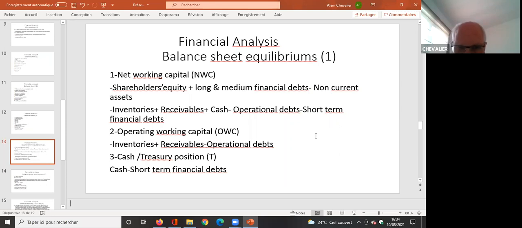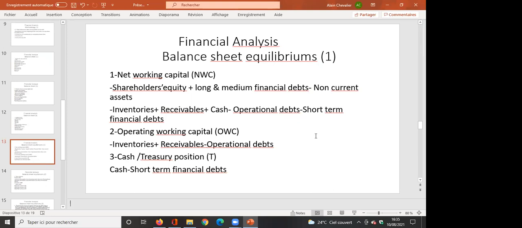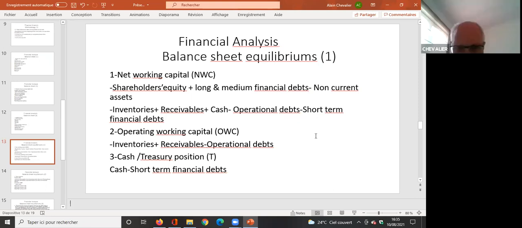If I take inventories plus receivables plus cash minus operational debt minus short-term financial debt, I will find the same number. So you have two ways to make the calculations: by the long-term resources and the investment, or by the current short-term assets and resources.